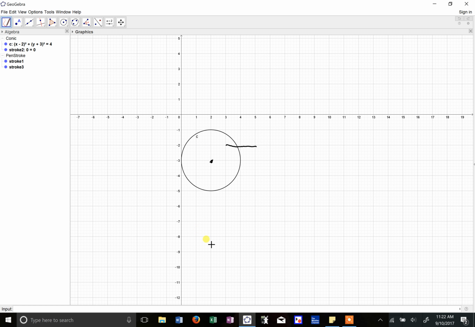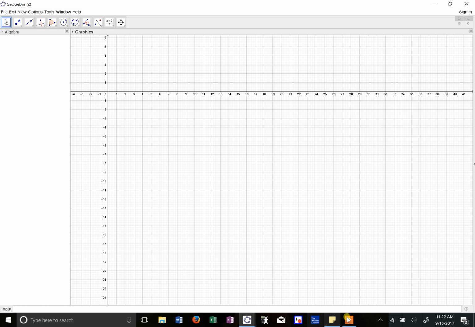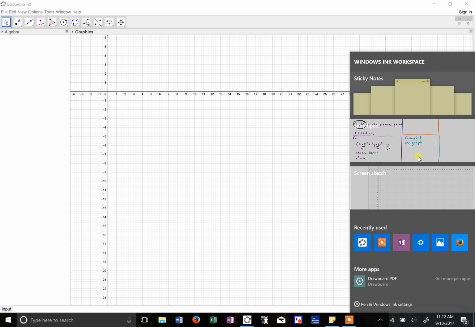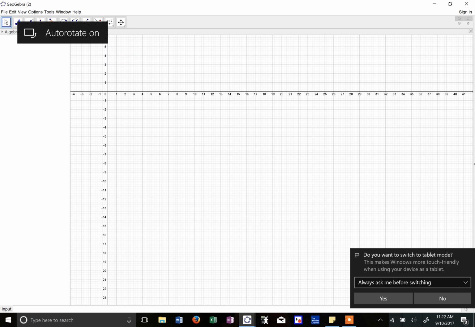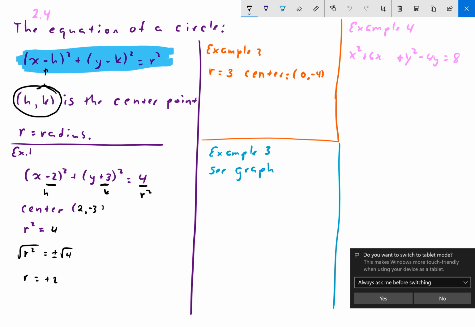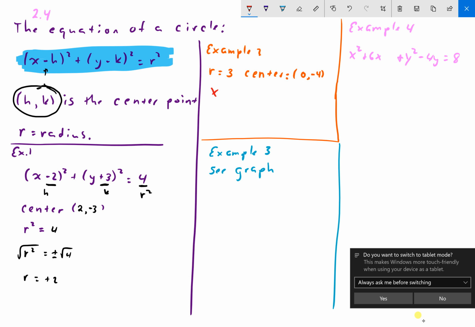Alright. So I'm going to clear that altogether. I'm going to go to my second example, which looks like this. What if my radius was 3, and my center was (0, negative 4)? So what I would do is I'd say (x minus 0) squared plus (y minus a negative 4) squared equals 3 squared.